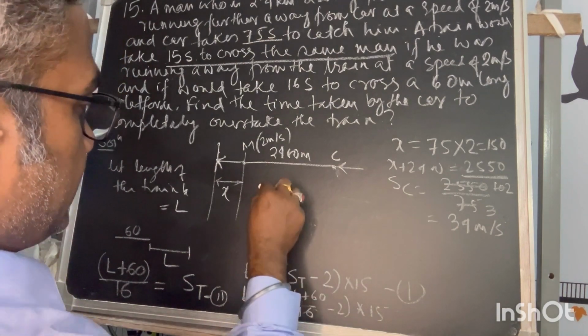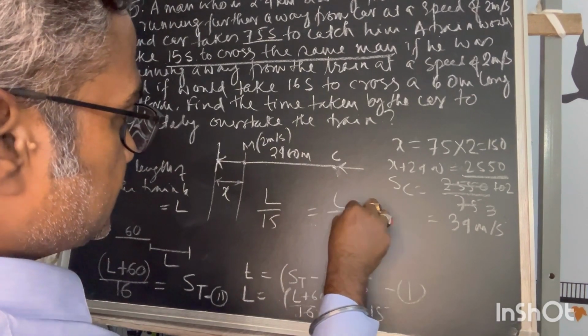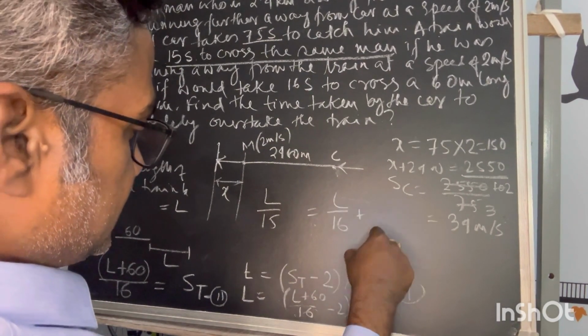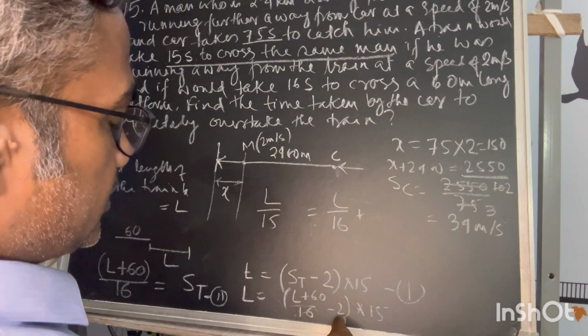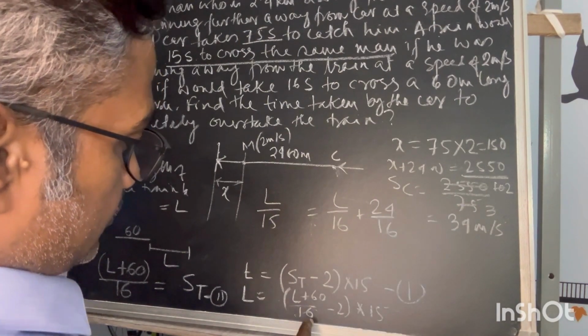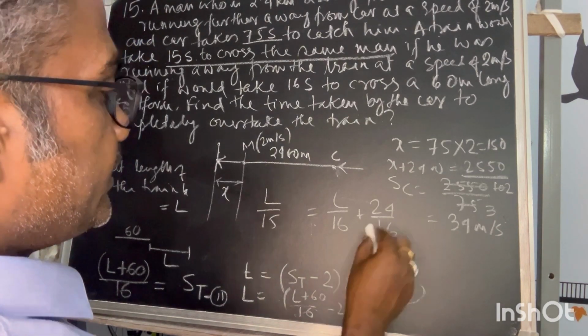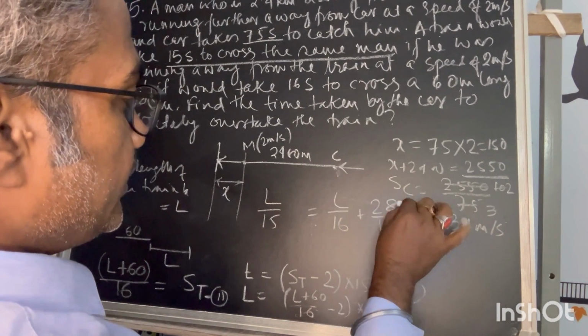So what I'll do, this 15 I will take this side, L by 15, that will give you L by 16 plus 60 by 16 minus 2, and 32, 60 minus 32, 28, sorry, 28 by 16.